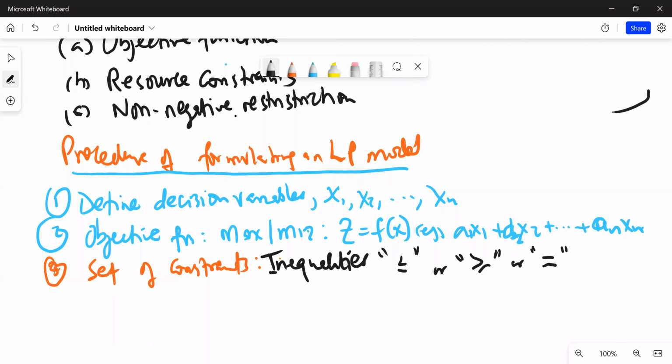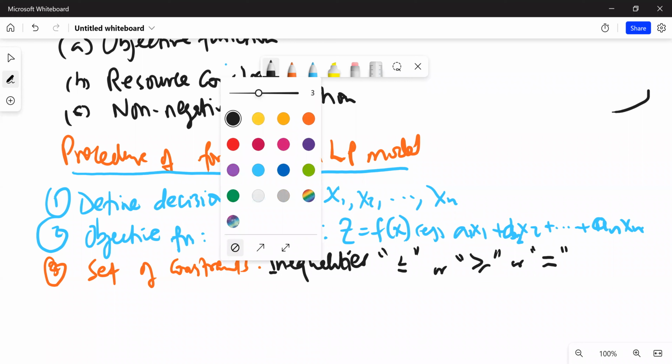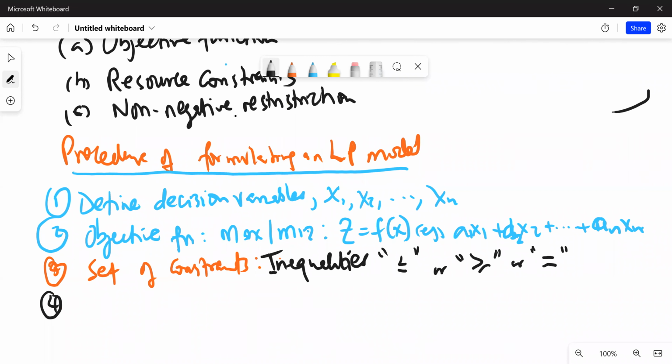Mostly they'll be inequalities. Then finally, you define the non-negative constraints.